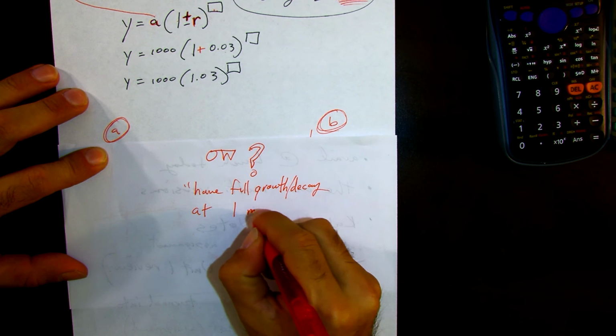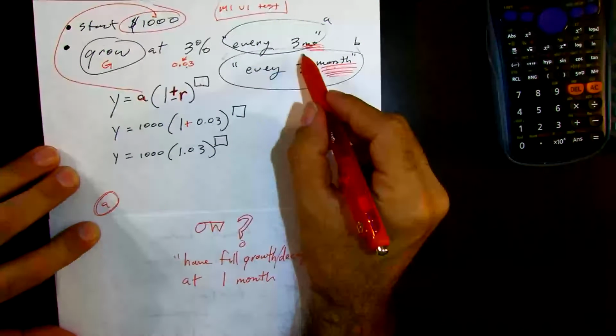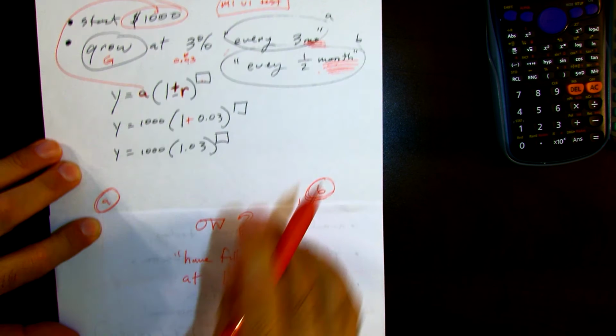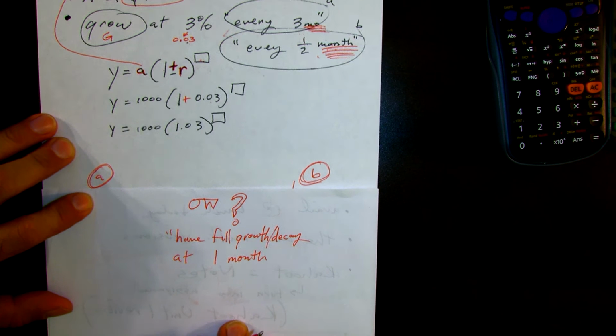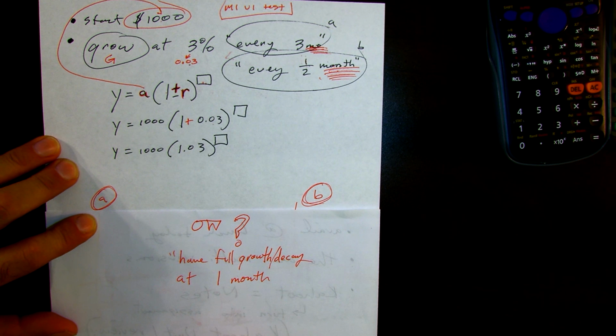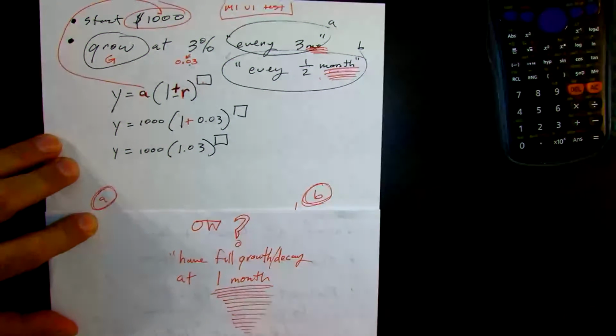I know it's month because they gave us those units up here. Months, months, months, months. Okay, so we're going to really be focusing on what is happening at 1 month. What is happening at 1 month?